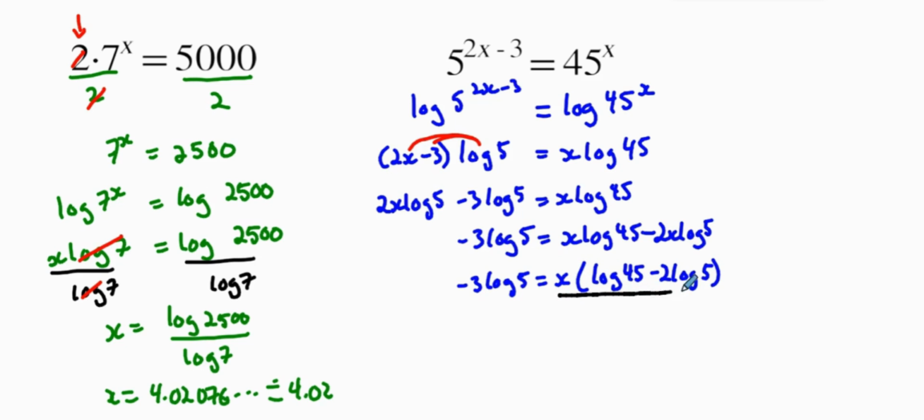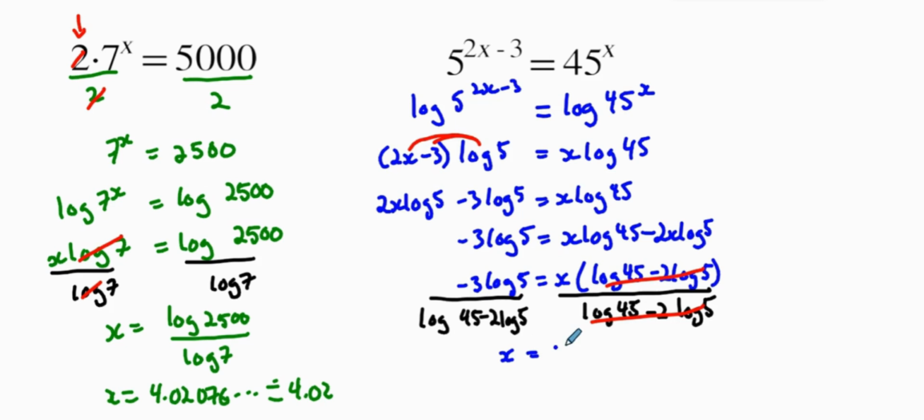So if I divide both sides by that bracket part, log 45 minus 2 log 5, that will allow it to cancel on this side and move over into the denominator of the other side. And I'll have isolated for x here. So this cancels with this. And my exact expression for x before we switch over to a decimal is going to say negative 3 log 5 divided by log 45 minus 2 log 5.